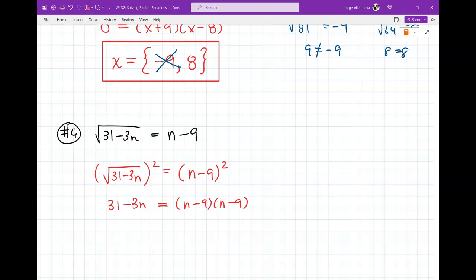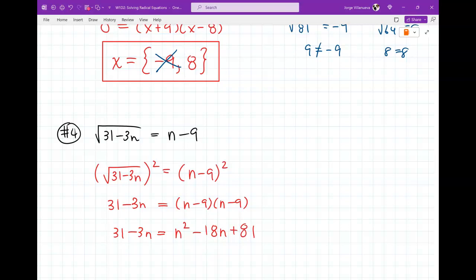N minus 9 times n minus 9, if you guys don't mind me taking a quick shortcut, that's going to be n squared minus 18n plus 81. Okay, if you distribute it all, it's going to clean up to n squared minus 18n plus 81. I'm just not going to show that step, but the distribution would have occurred, okay? And that's what would have happened once I cleaned it up. Now notice my n squared term is positive on the right side.